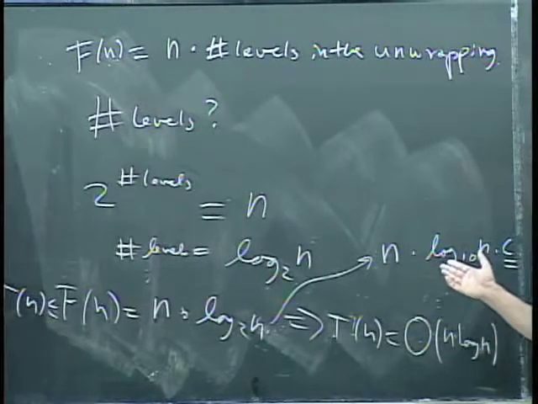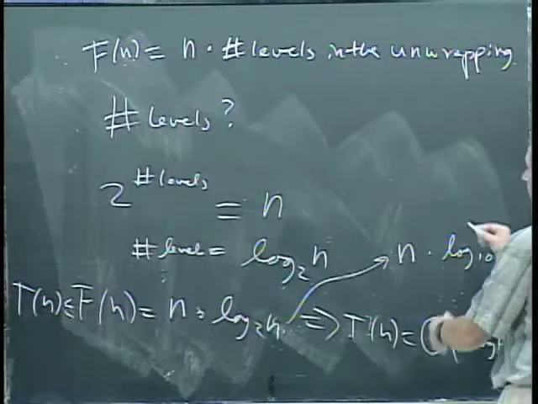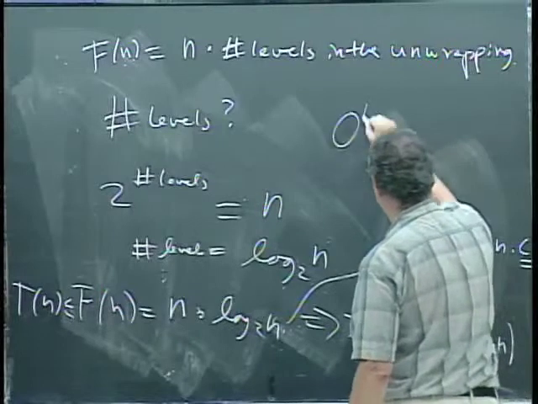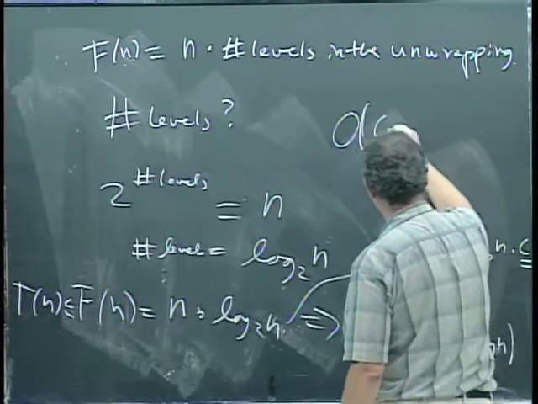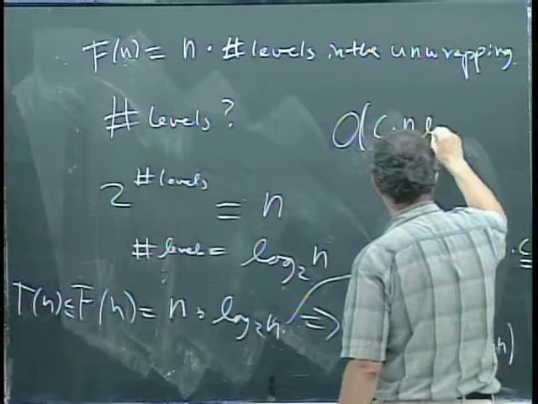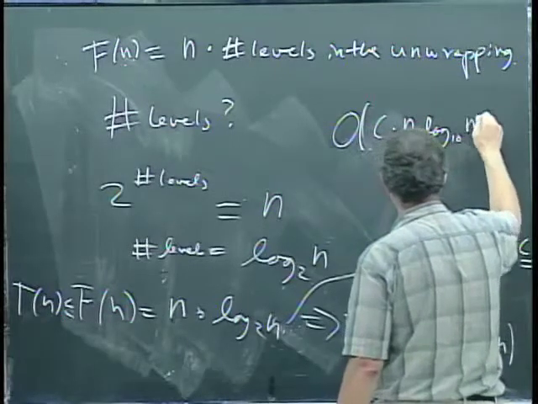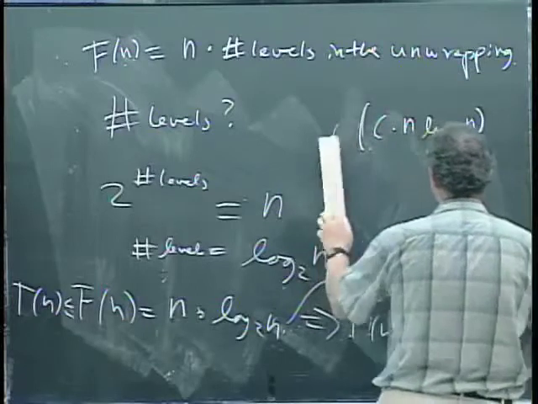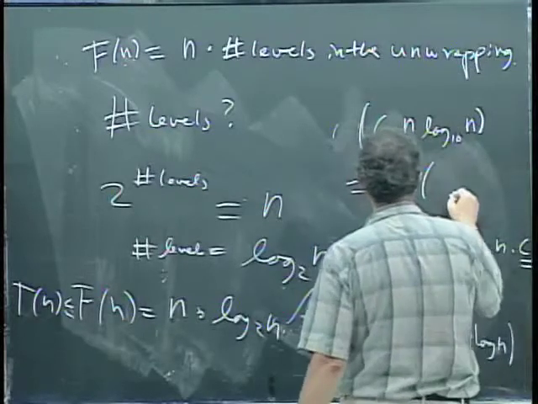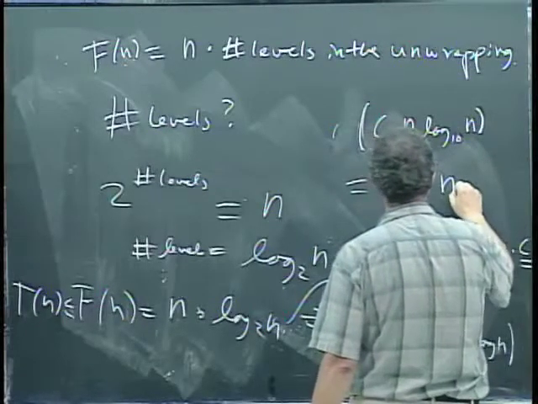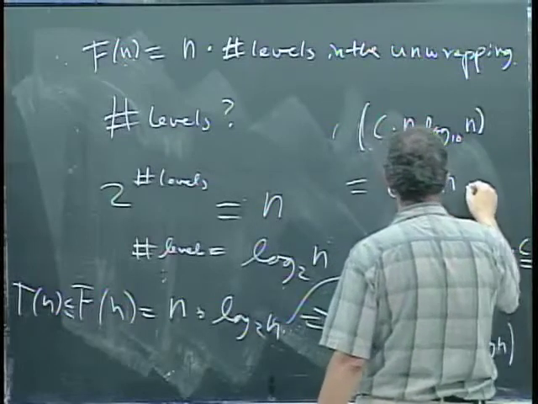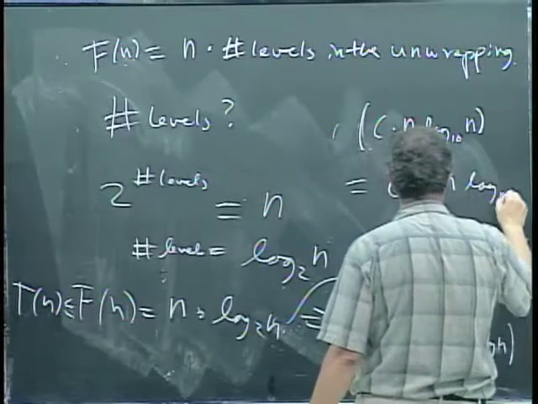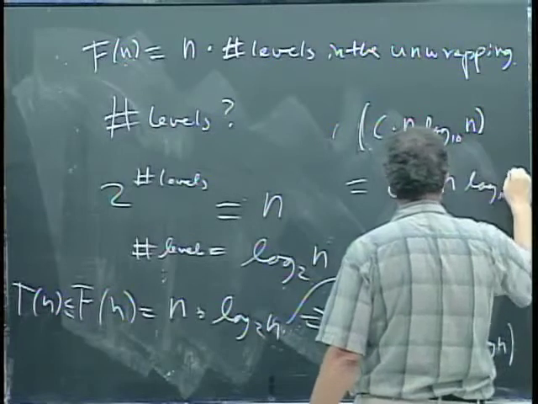It's some constant number. And what happens when you look at big O of a constant times n times log base 10 of n? No. When you look at that, that's big O of n log n. The constant disappears, log base 10 of n.